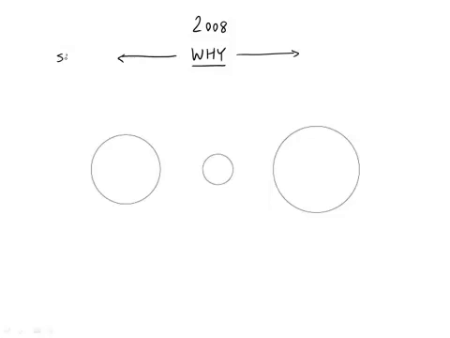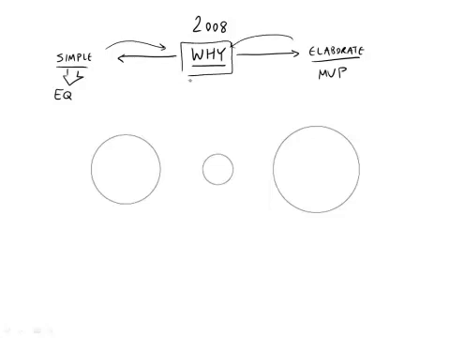There is a simple picture, which we're going to call the visual equation, and then there's a more elaborate picture, which we're going to call a full-on multivariable plot. We're going to work on both of those now and see how both kinds of pictures can help us answer the question, why is something the way it is?